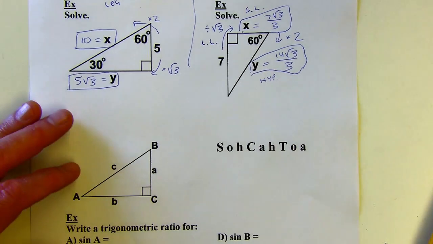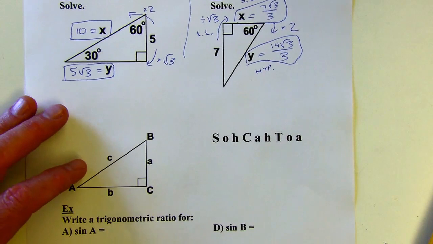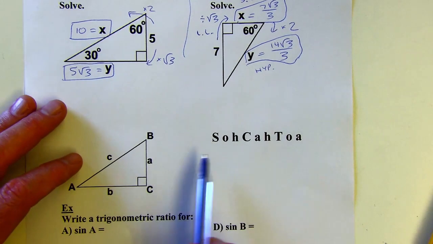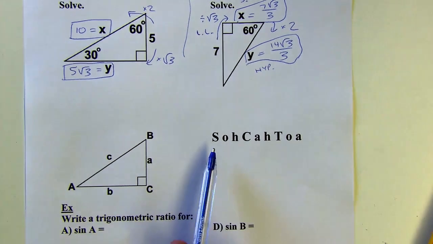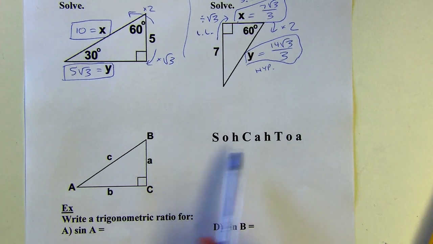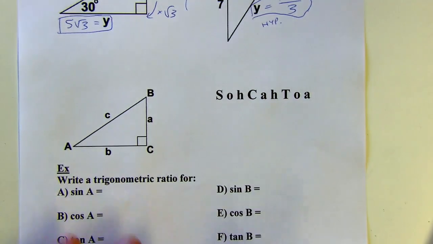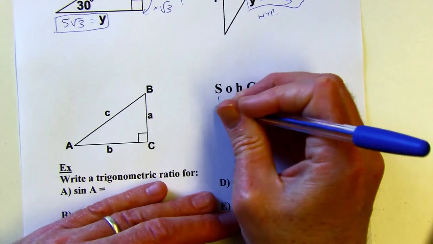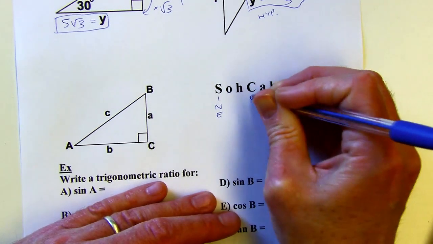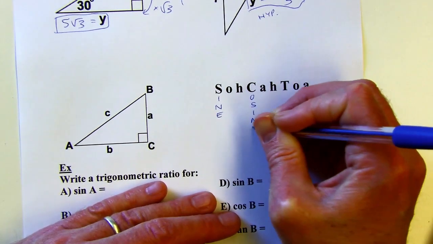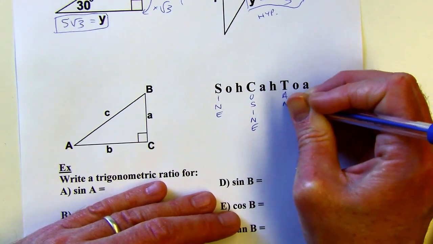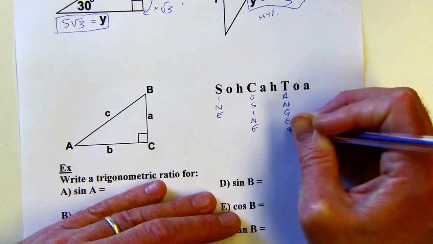So let's start looking at some trig ratios. So you may have heard this mnemonic device, this acronym, SOHCAHTOA. So this is a nice way to remember the ratios for sine, cosine, and tangent. Okay.